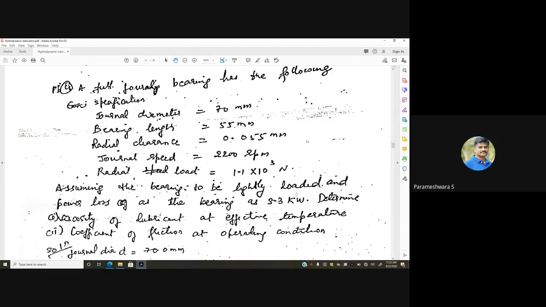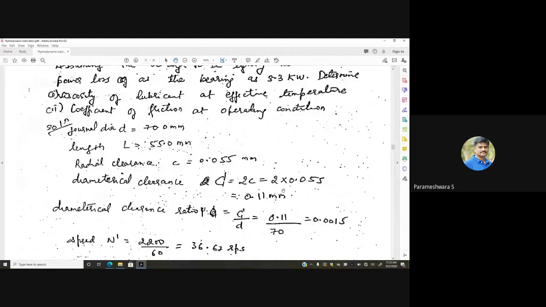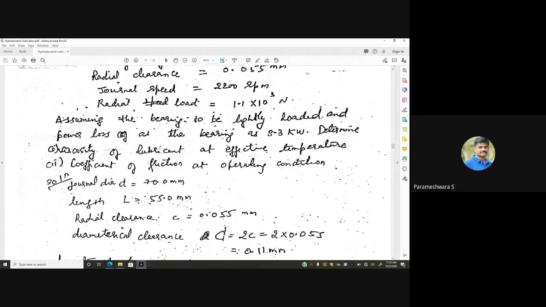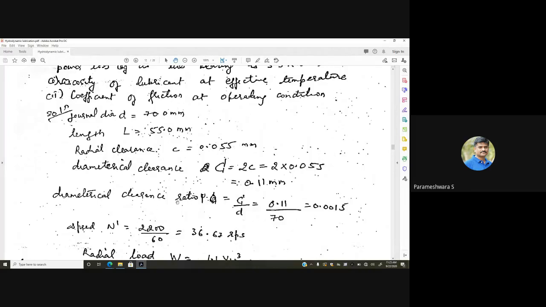The diametrical clearance is 2 times the radial clearance, so 2 into 0.055, that is 0.11 millimeter. And the diametrical clearance ratio, capital C over small d, is 0.0015.